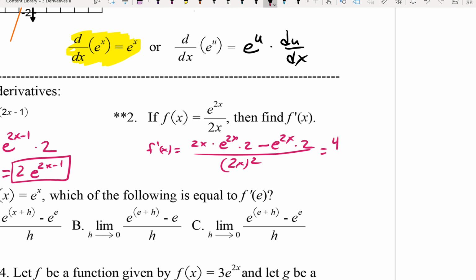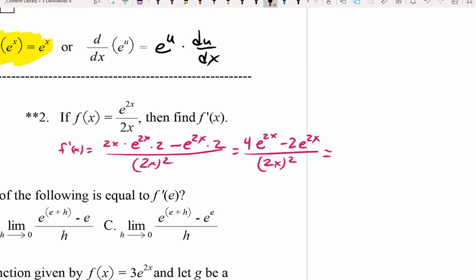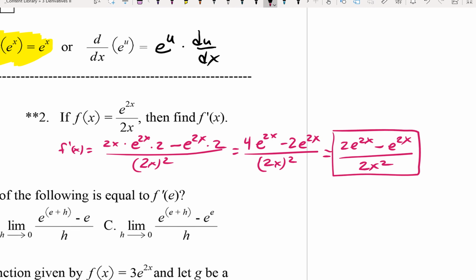This is 4e to the 2x minus 2e to the 2x all over 2x quantity squared. And then if we go one step further, we can divide everything by 2. 2e to the 2x minus e to the 2x all over 2x squared. That's my simplest answer right there.